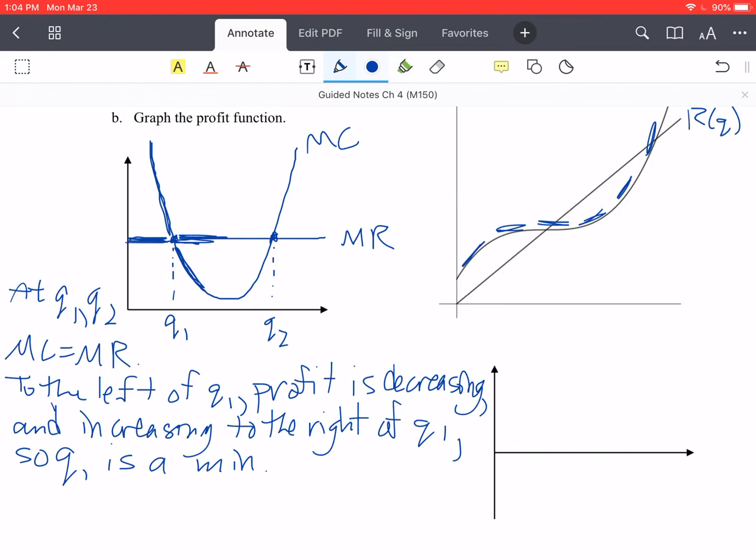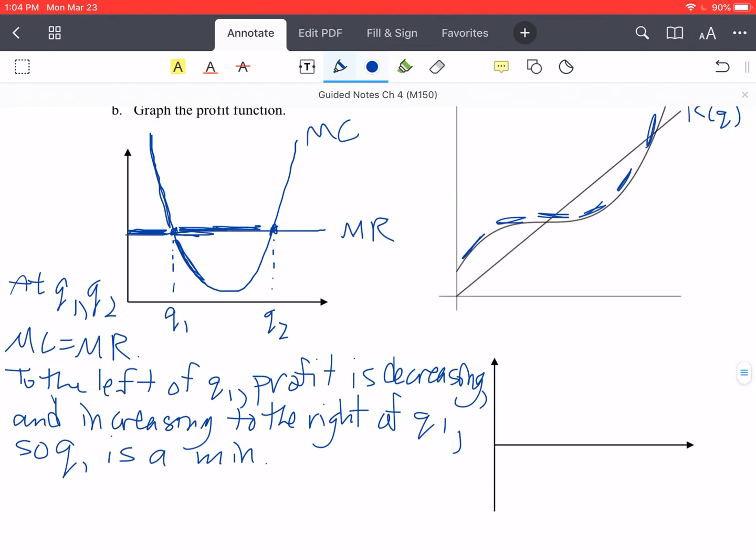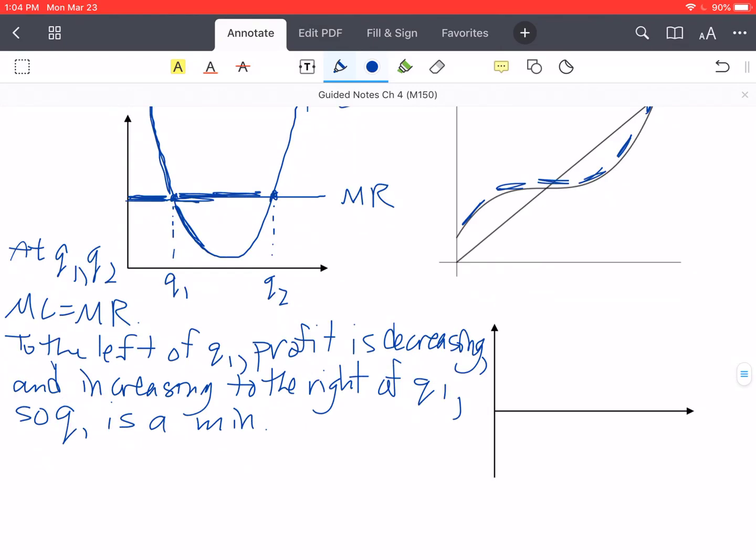Now, via similar reasoning, marginal revenue is greater than marginal cost to the left of Q2. So profit is increasing to the left of Q2 and decreasing to the right of Q2, right? Because marginal cost then gets larger than marginal revenue at that point.